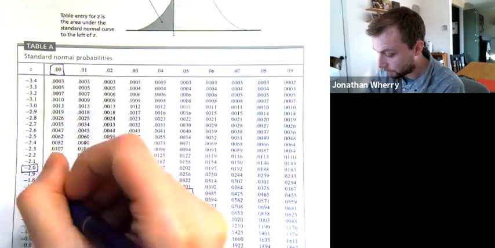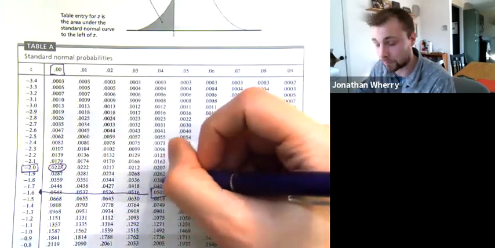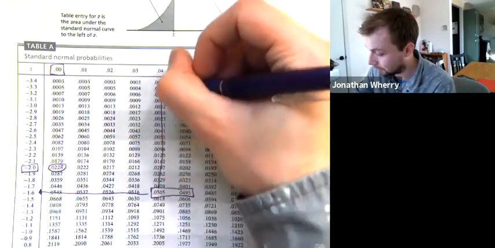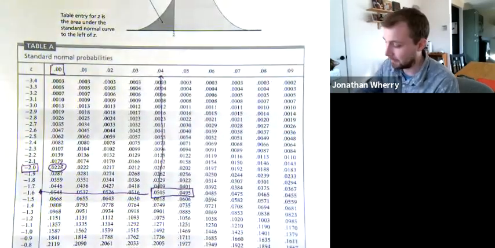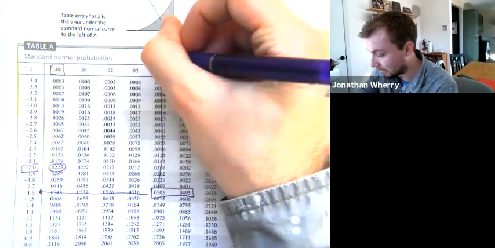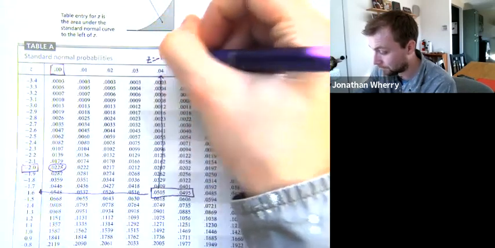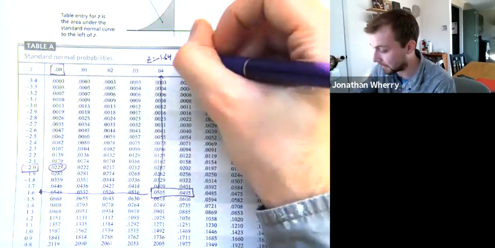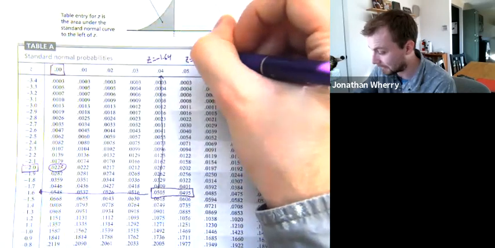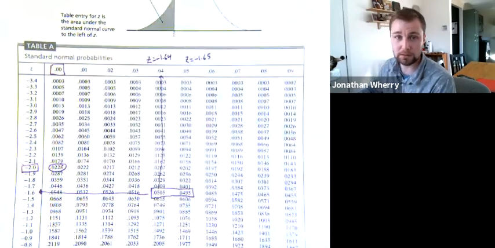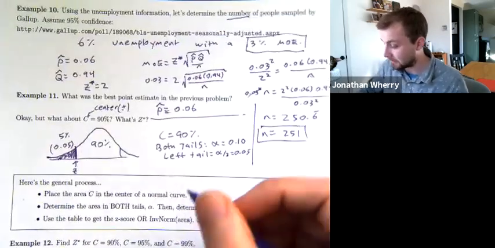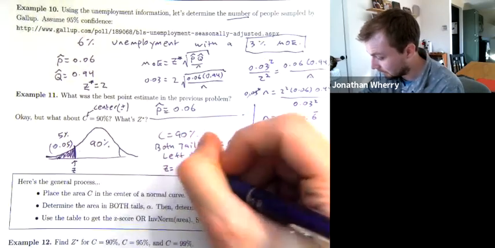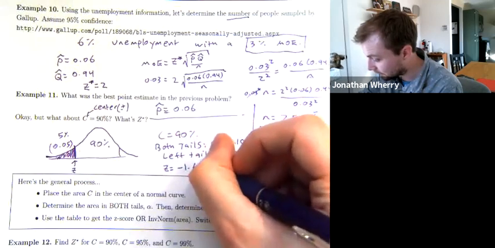So that's negative 1.6, that's how my Z-score starts. 4, that's how my Z-score ends. So my Z-score is somewhere between negative 1.64, this is the same thing but with a different last digit, negative 1.65 or so. Splitting the difference, I might say that my Z-score is negative 1.645.